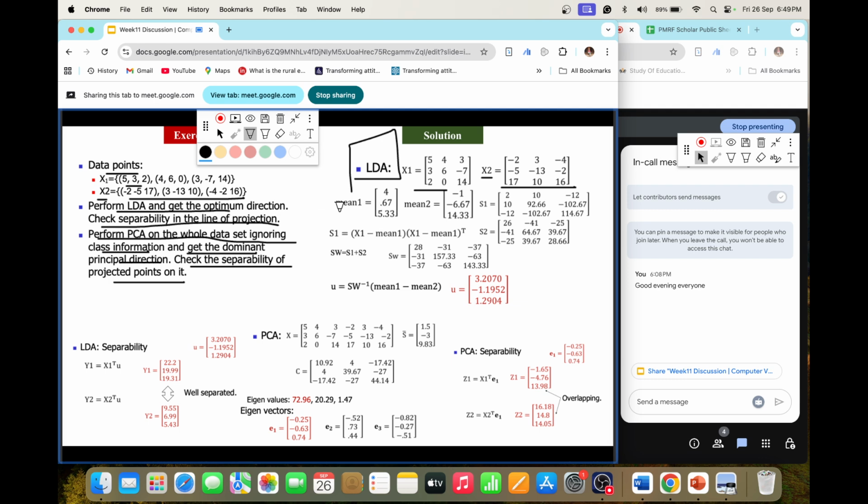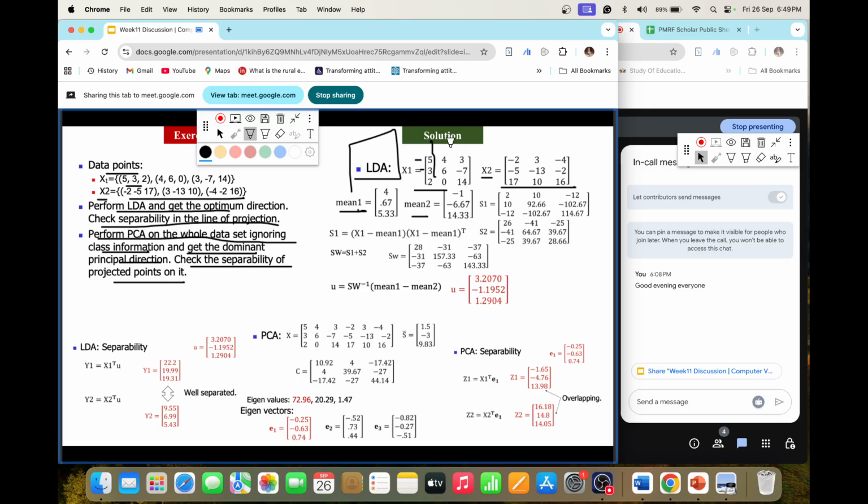First we have to calculate mu1, the mean of the first set, and the mean of the second set. How do we calculate the mean? It is very easy. You get the mean for each attribute. Always remember, the attributes are your rows, and the columns are your data points.